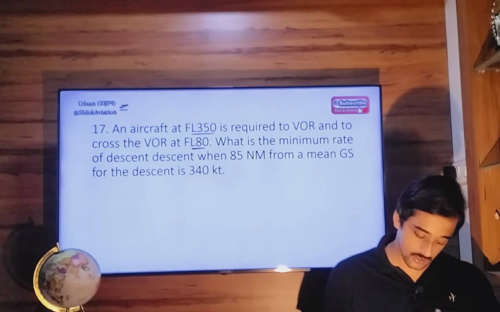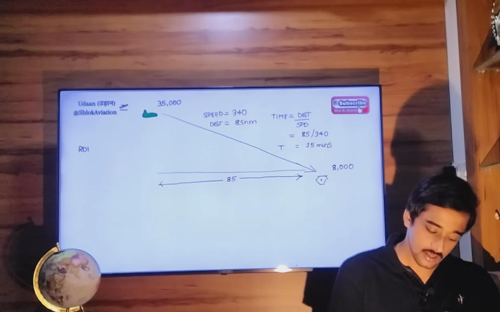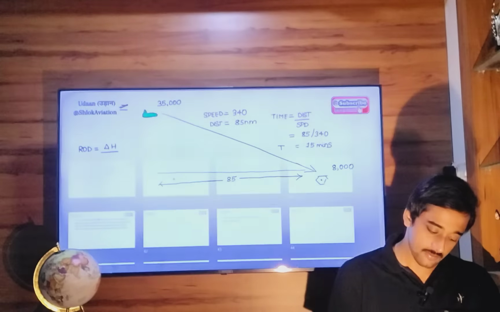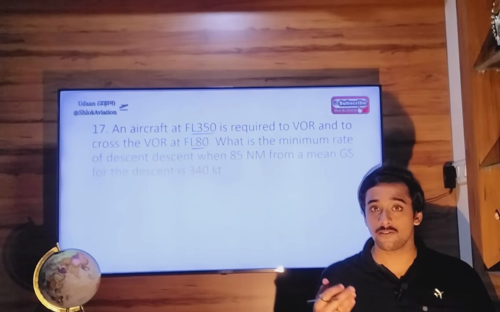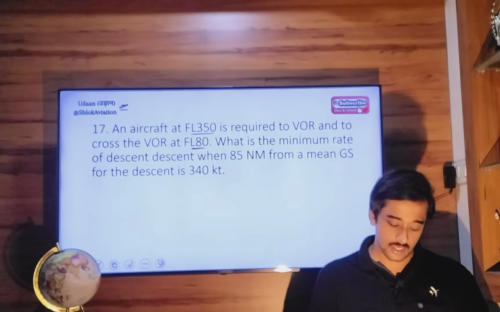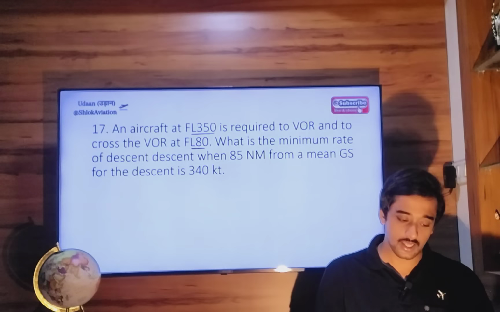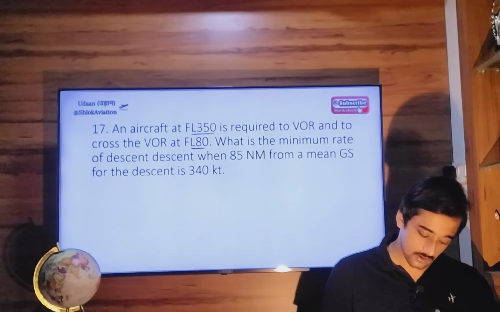to 8,000 feet. Rate of descent formula is change in height divided by the time. So what is the change in height that you are going to effect when you descend from 35,000 feet to 8,000 feet? It will be equal to 35,000 minus 8,000, that is 27,000, right?